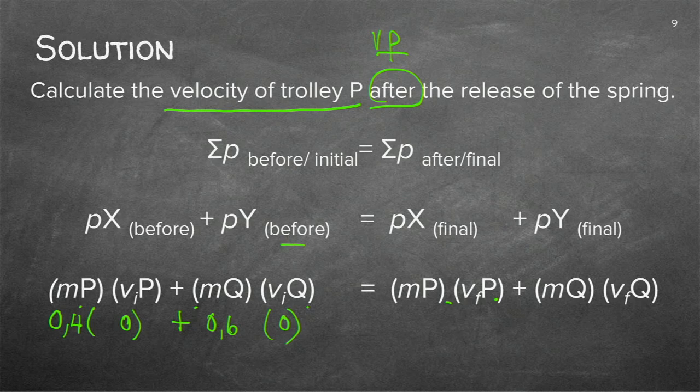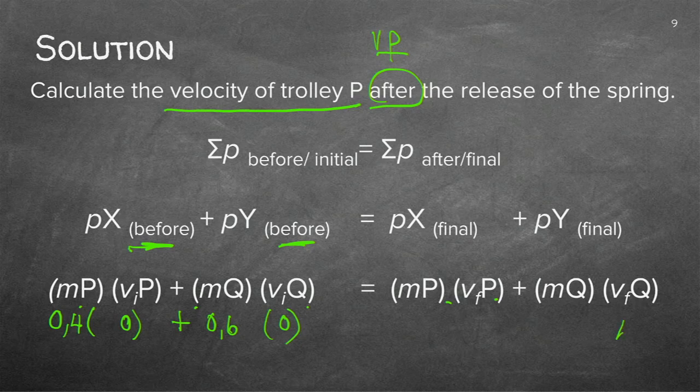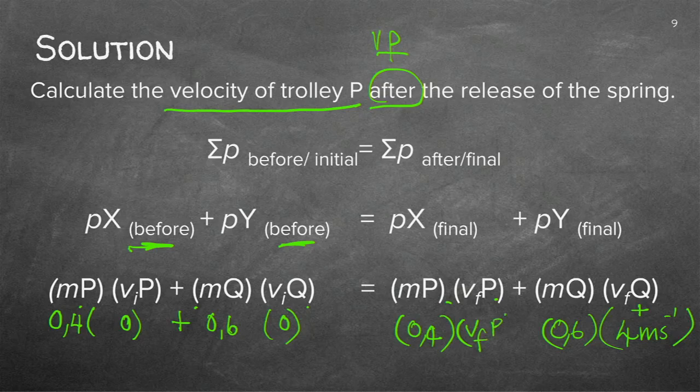That was initially, before, remember, they were pressed against each other. Then they said to me, Q afterwards will move away with 4 meters per second, and I know that was positive, so that's fine. That mass is 0.6, and they asked me now to calculate the velocity of P.